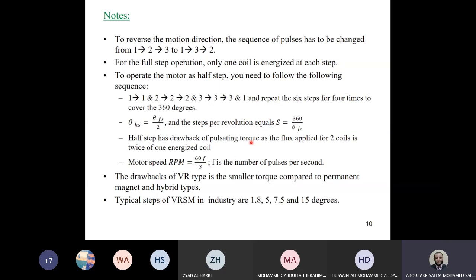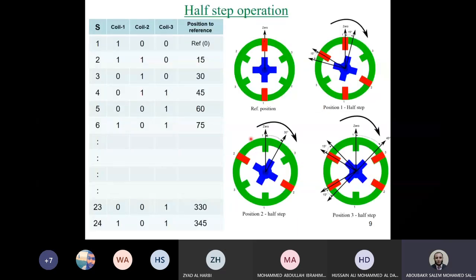The drawback of the variable reluctance type is the smaller torque compared to other types, permanent magnet and hybrid. Why is it lower torque? Because we don't have any permanent magnets in the machine. If we apply flux or energize coil number 1, this means if the upper tooth is N, the lower tooth will be S. This means the flux lines will move from this part to that part.